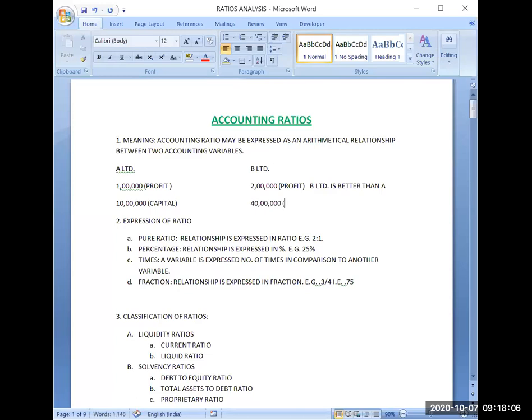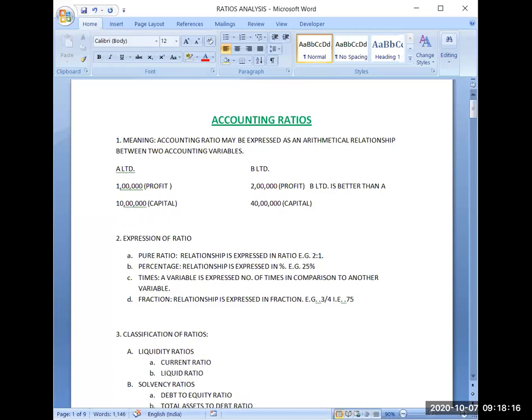Now if you compare these two pieces of information, obviously your decision will change, because now the rate of return will be 10%. A Limited is earning 10% on its capital. 10% of 10 lakh will be 1 lakh. So it is rate of return.